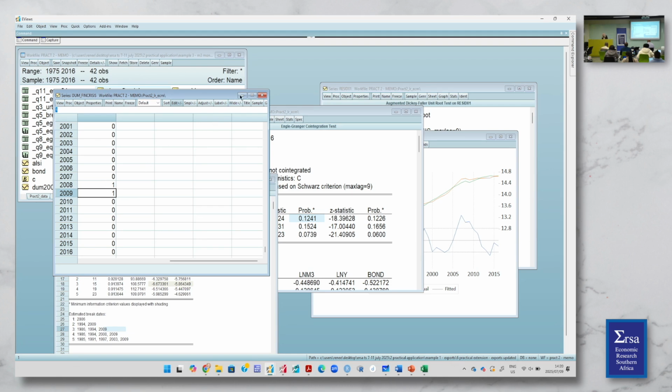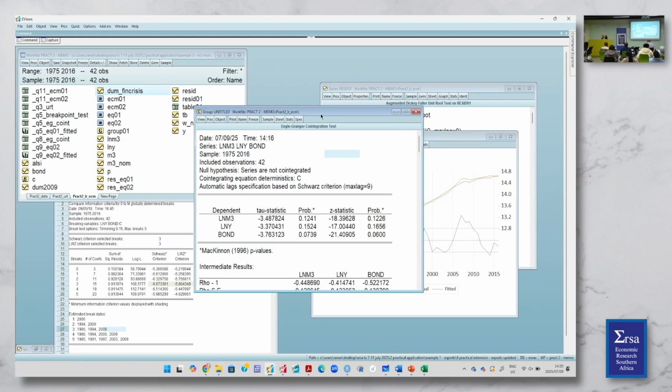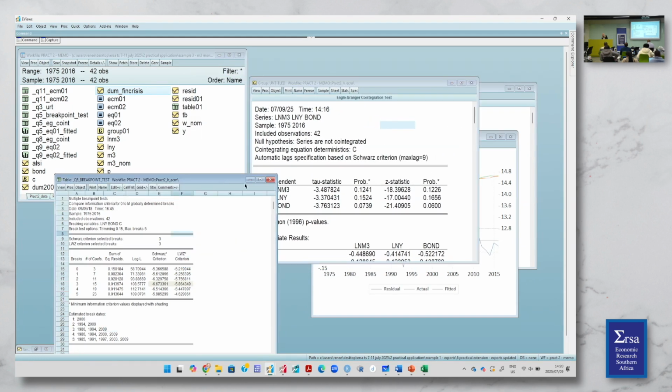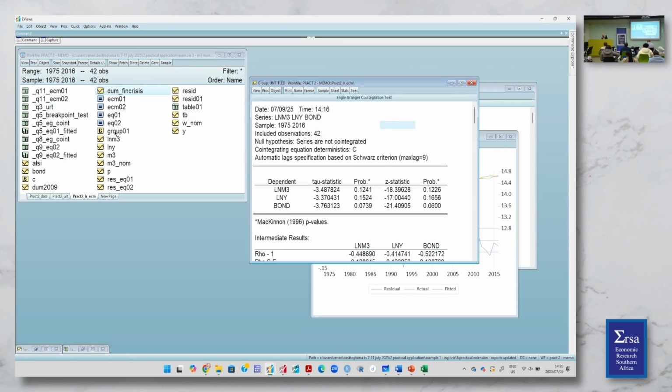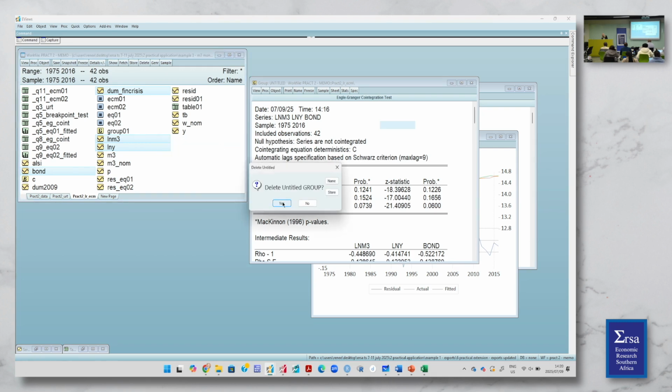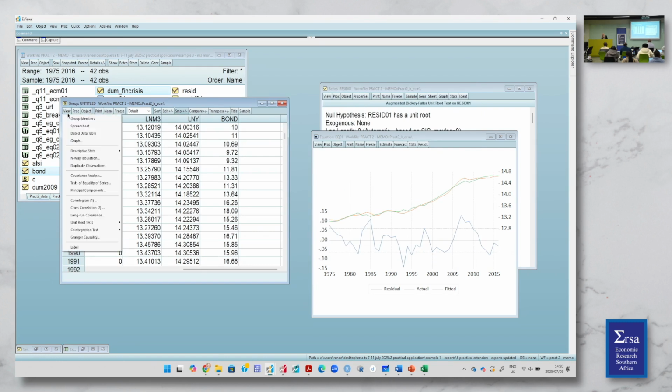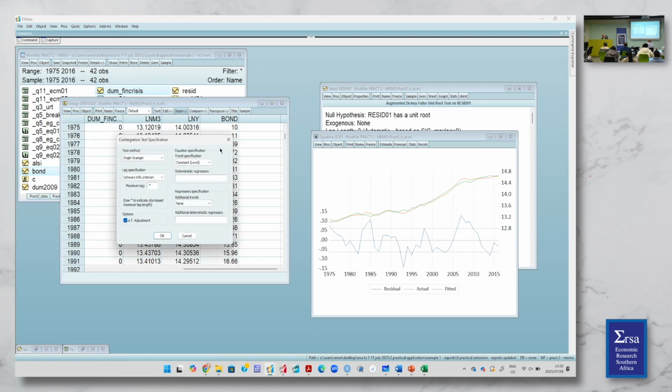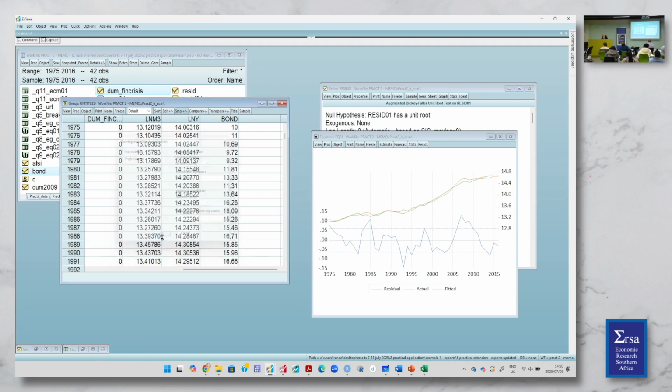So how do we change what we do? We come back here and we select money, income, and bond, open as a group, view co-integration, but then say, let's control for the financial crisis. So we put the financial crisis dummy as a deterministic regressor.